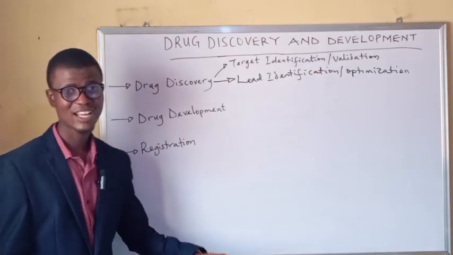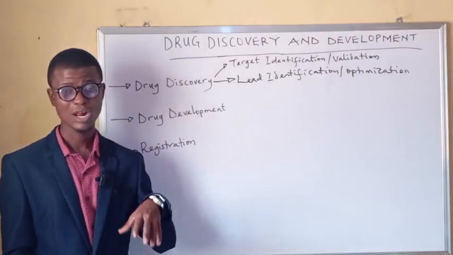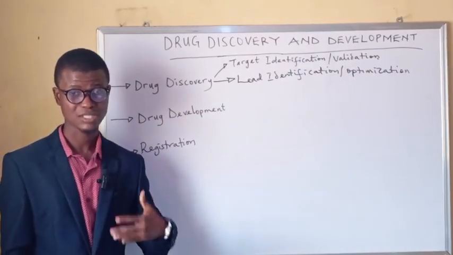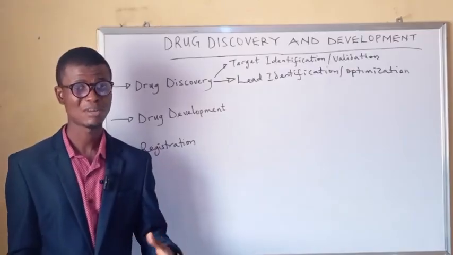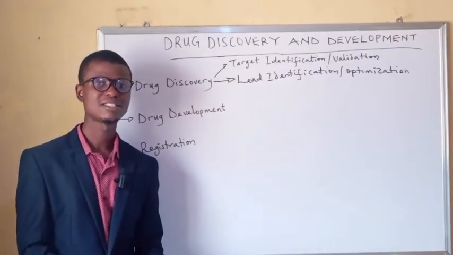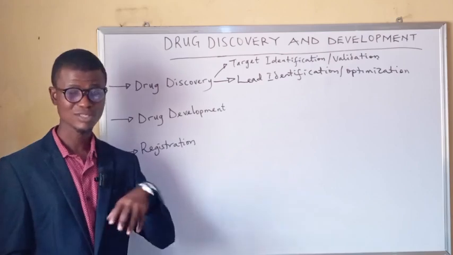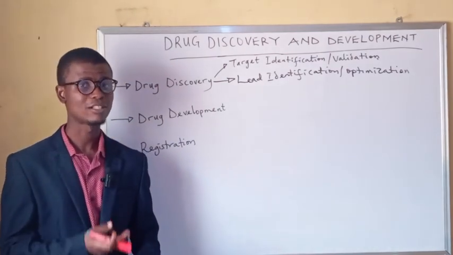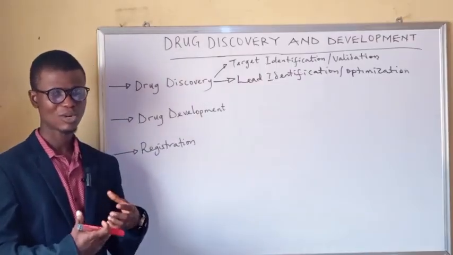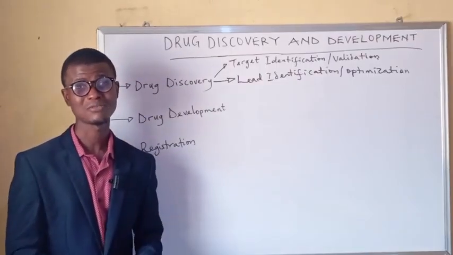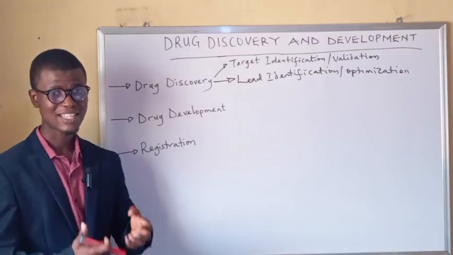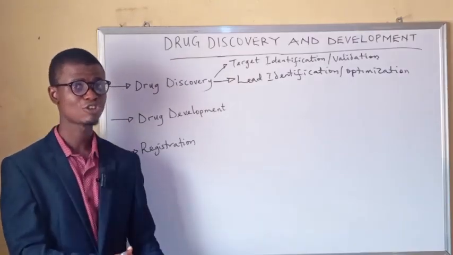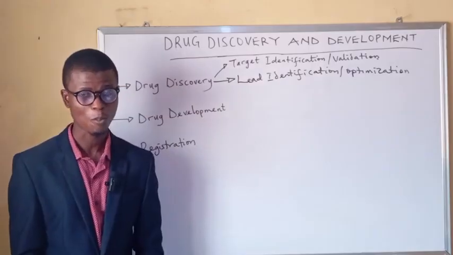So it is fairly absorbed. It is absorbed better in the stomach for an acidic drug. But if it is a basic drug, it will be ionized in the stomach. And once it is ionized, absorption cannot occur in the stomach. Because one of the conditions for absorption to occur is that your compound must not be in the ionized form.